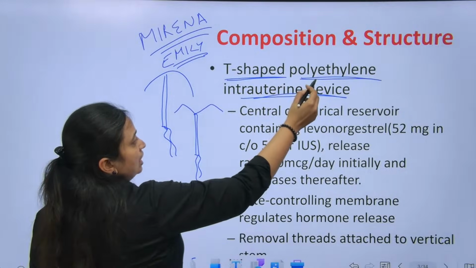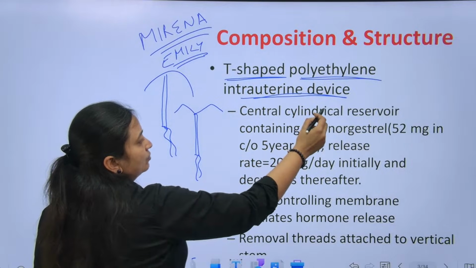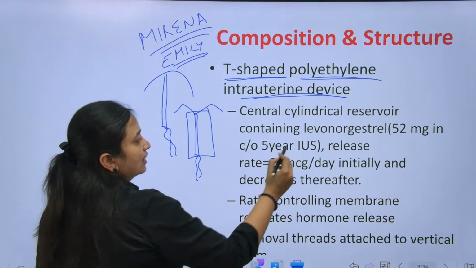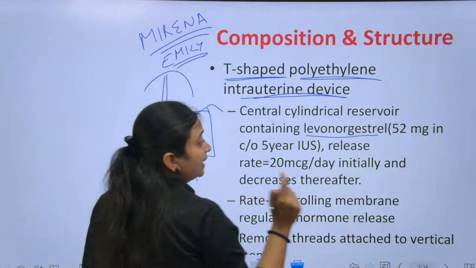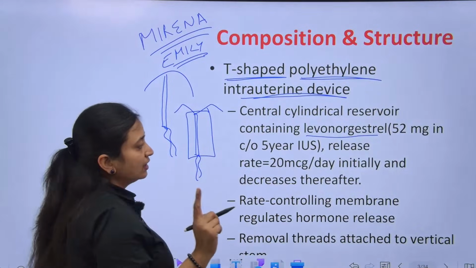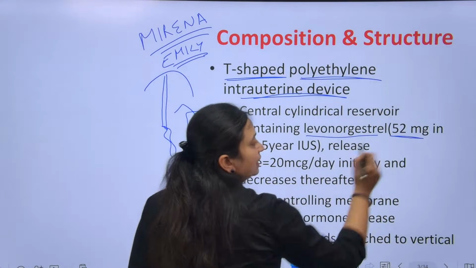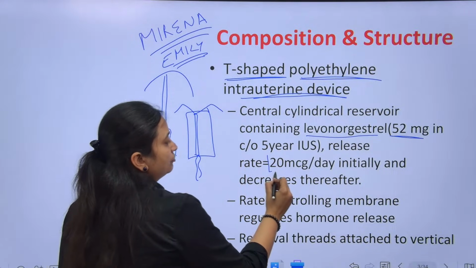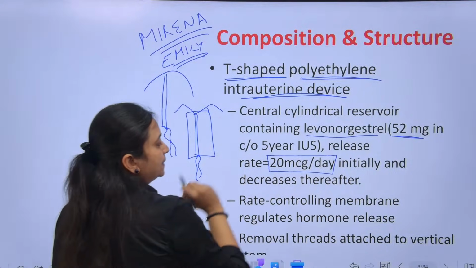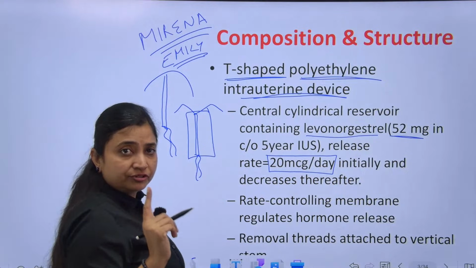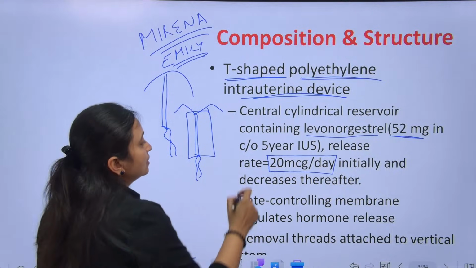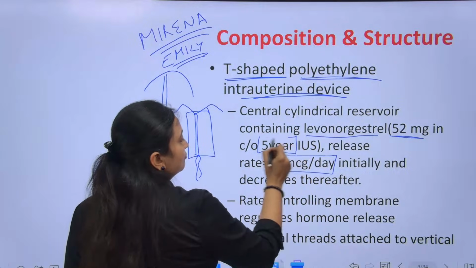So this is a T-shaped polyethylene intrauterine device having a central cylinder reservoir containing levonorgestrel. In case of Mirena or the 5-year IUS, it is a 52 milligram total drug dose, which is released at a rate of 20 microgram per day initially for the first year, and then it decreases slowly. Generally, it is valid for 5 years.